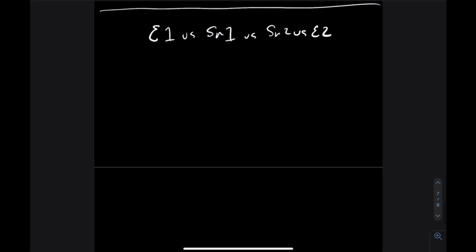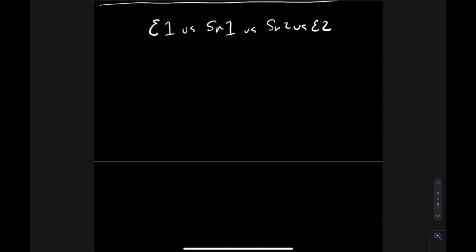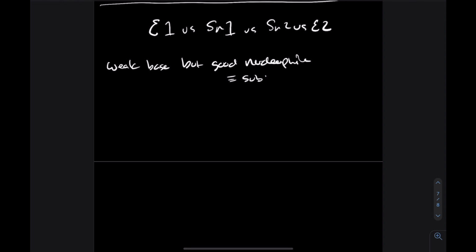All right. And then there are just some trends that will help you predict which one you're going to end up going for, right? So weak bases that are good nucleophiles will predominantly give substitution. So if you have a weak base but good nucleophile, you will end up with substitution.